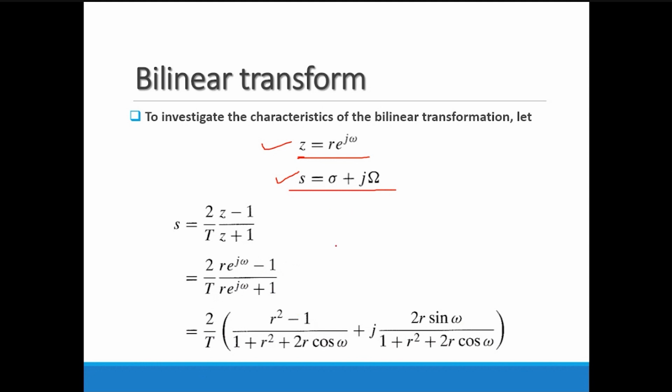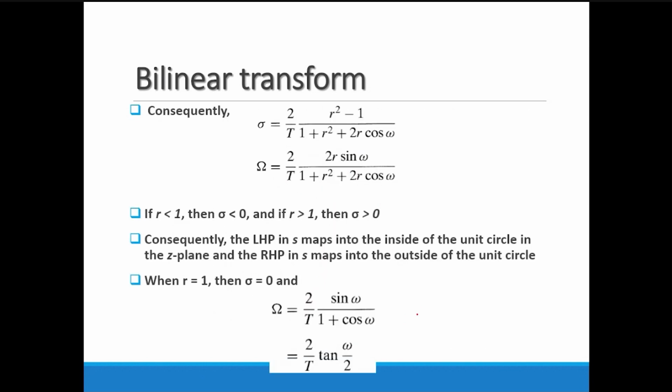You can easily compare it with the equation S is equal to sigma plus j omega. So the sigma term will be 2 by T, R square minus 1 divided by 1 plus R square plus 2R cos omega. The omega term will be 2 by T, 2R sin omega divided by 1 plus R square plus 2R cos omega.